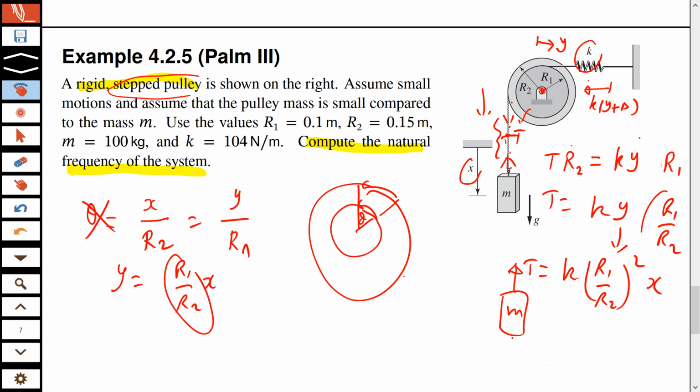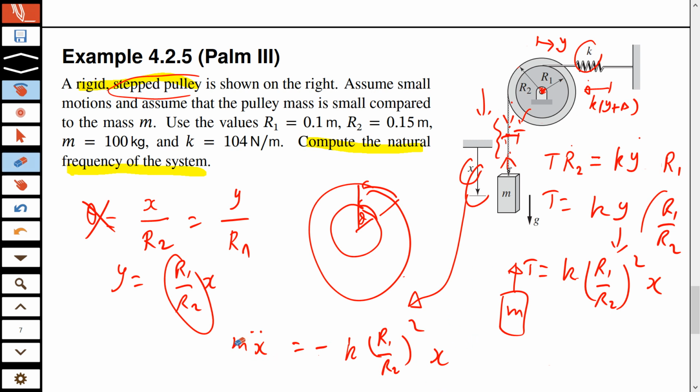So that's the only unbalanced force because mg will be cancelled with that static deflection, and I can now write down the Newton's law for rigid body, which is m x double dot, and this k times r1 by r2 squared x, this will be with a minus sign because it's opposing.